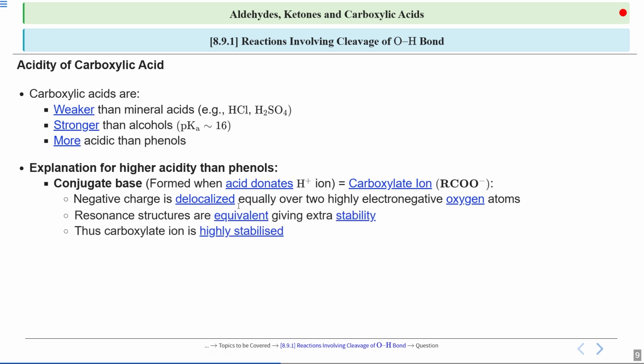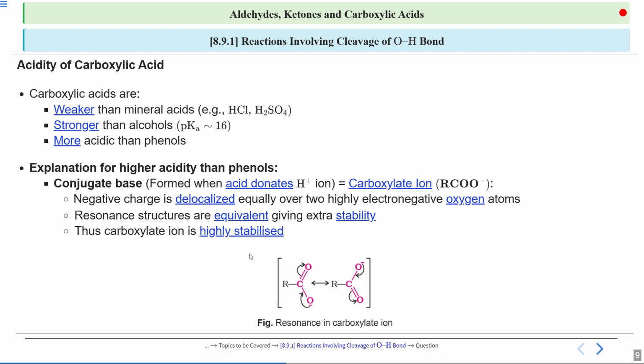Next, the resonance structures of the carboxylate ion are equivalent. Equivalent means they are giving extra stability. And this high level of stabilization is the reason why carboxylic acids are more acidic than phenols. Thus the carboxylate ion is highly stabilized.